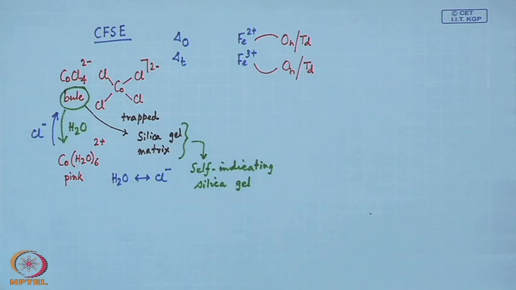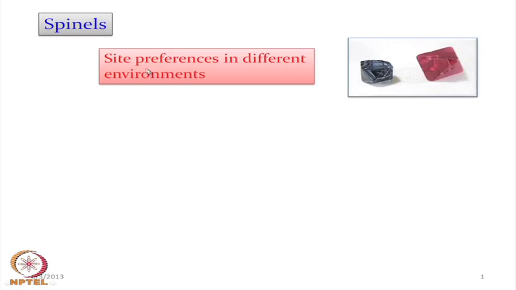Similarly, in this particular case also, the corresponding site preference of any particular metal ion, say the transition metal ion, which we all know that they are very good colored when they are having some environment such as the corresponding oxide environment, which are weak ligands.